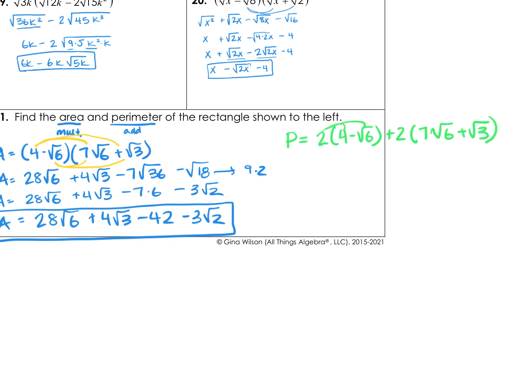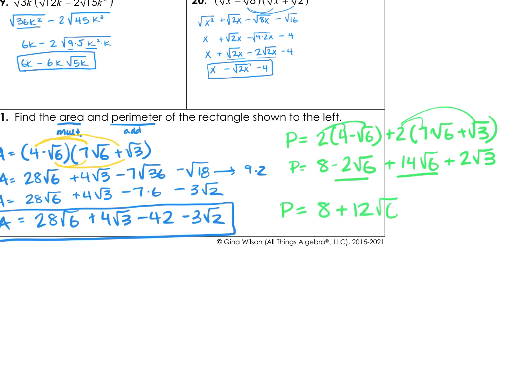So distribute. 8 minus 2 root 6 plus 14 root 6 plus 2 root 3. Nothing simplifies, so you combine your like terms. You get 8 plus 12 square root of 6 plus 2 square root of 3. And that is it.